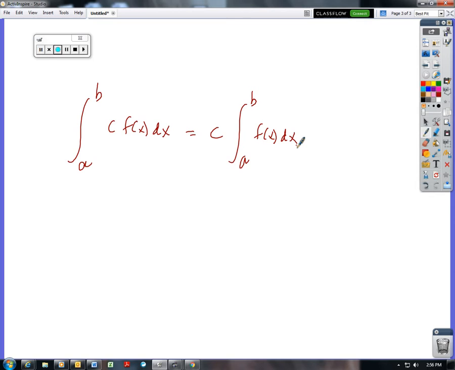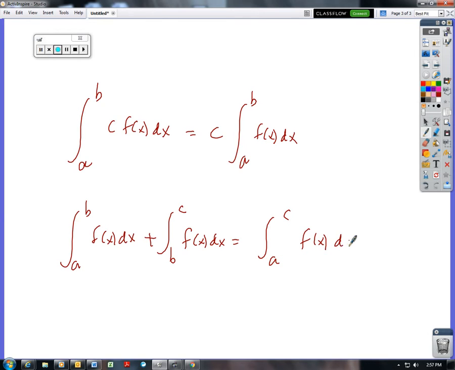And I think I did mention this last one, the integral from a to b of f of x dx plus the integral from b to c of f of x dx is the integral from a to c of f of x dx.